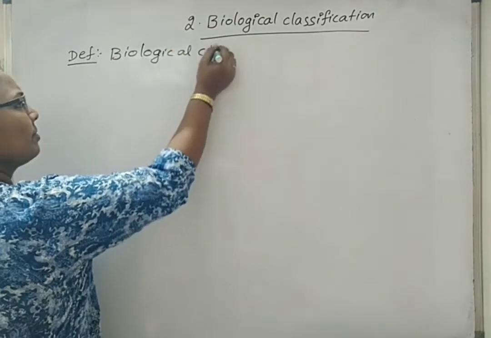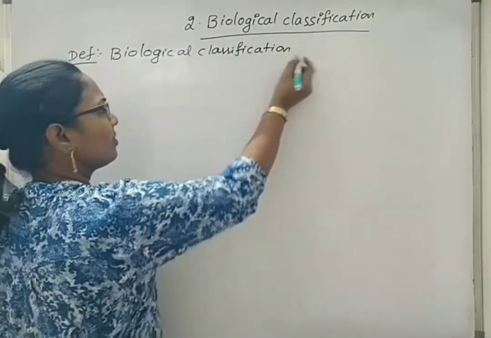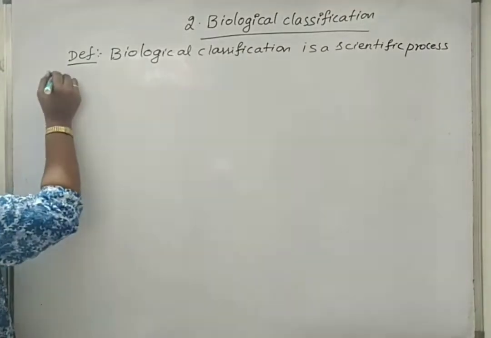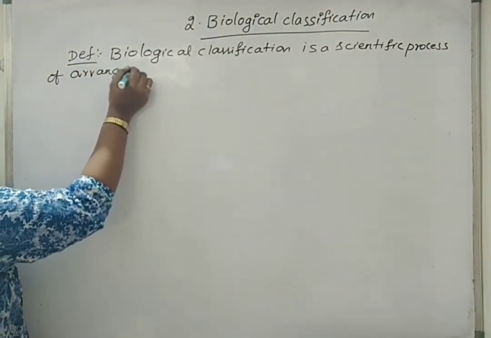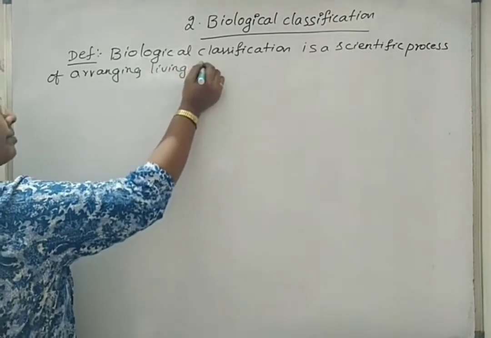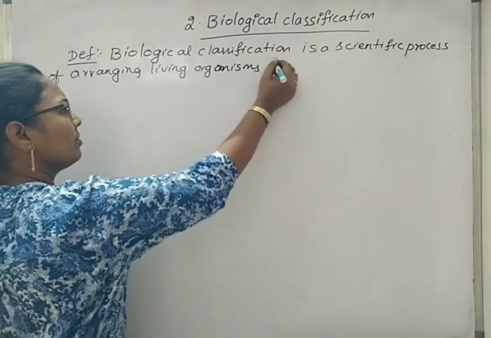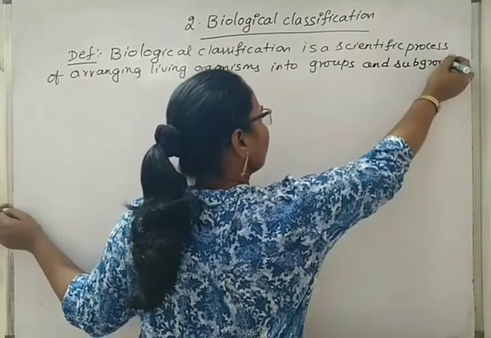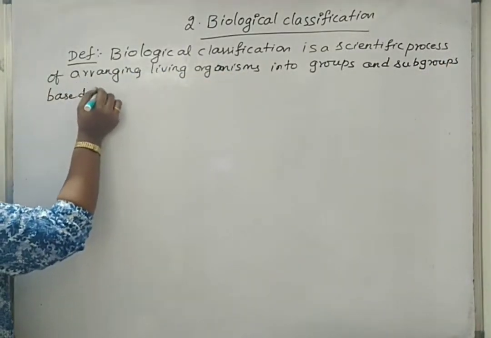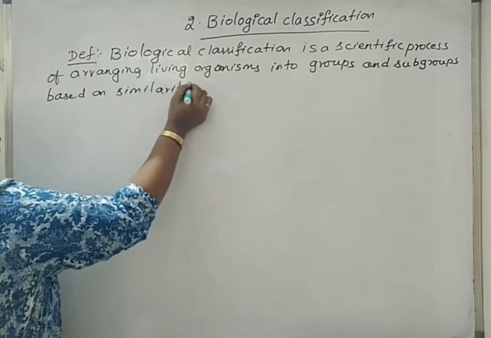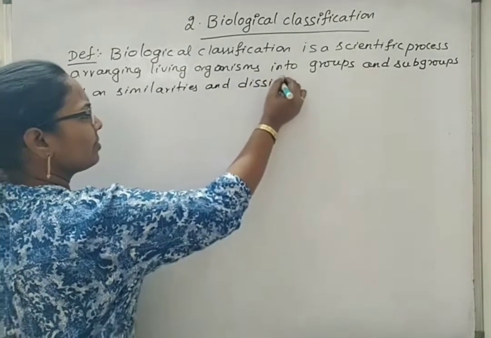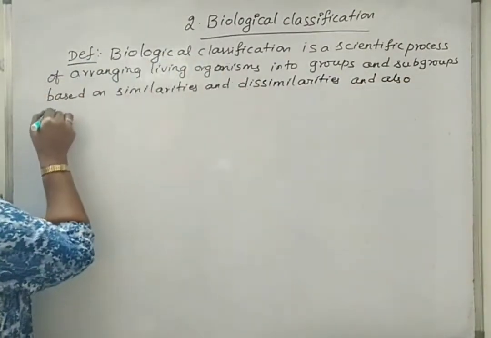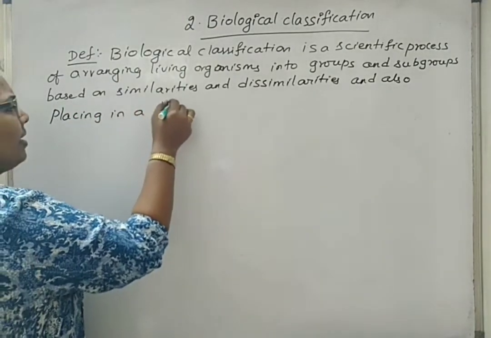Biological classification is a scientific process of arranging living organisms into groups and subgroups based on similarities and dissimilarities, and also placing in a hierarchy category.